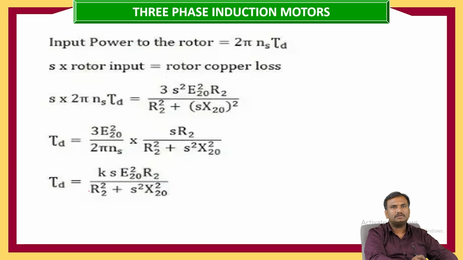Here Td is equal to K into S into E2 square by R2 square plus S X2 whole square, multiplied with the rotor resistance R2. Here, this is the developed torque equation in the three-phase induction motors.